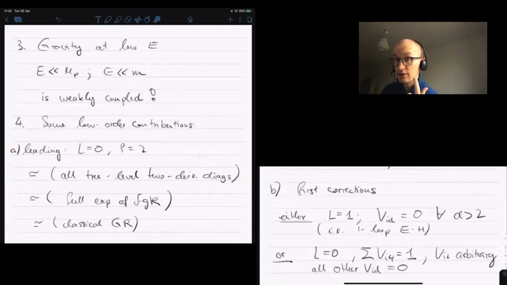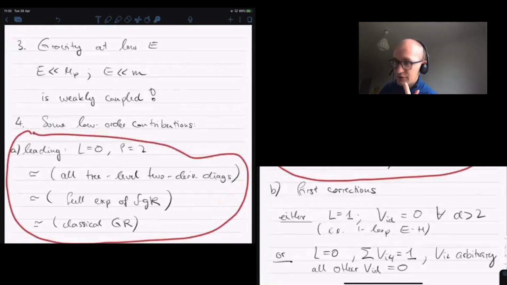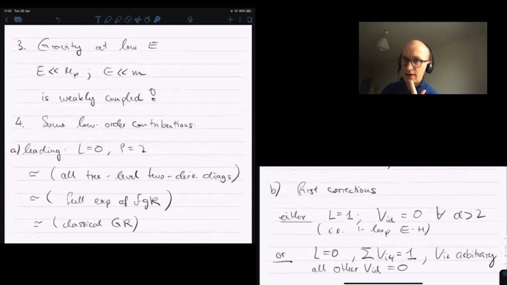B, the leading order contribution is just tree diagrams made from the Einstein-Hilbert vertices. So this is classical GR. By the way, this might sound trivial, but this is a derivation using quantum field theory that classical Einstein-Hilbert at low energies is a good description of this theory. Okay, that's not a trivial fact.